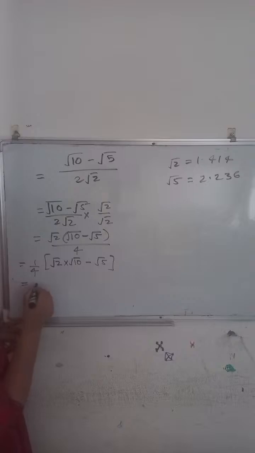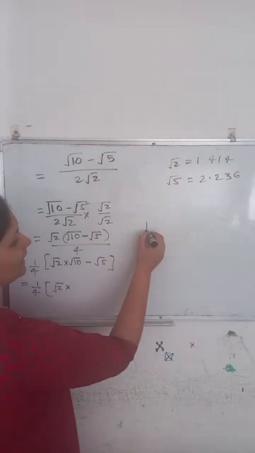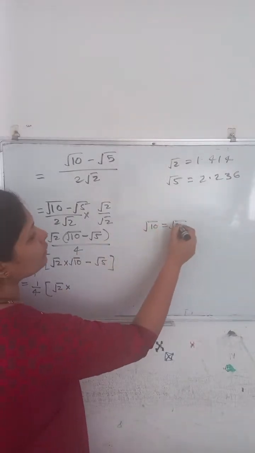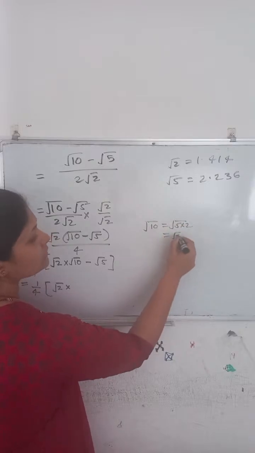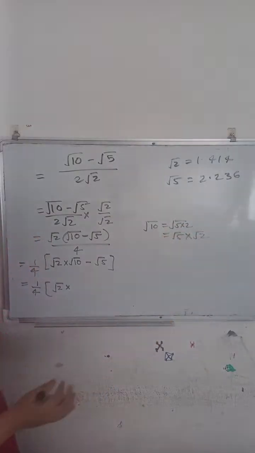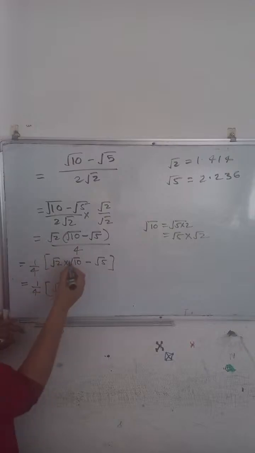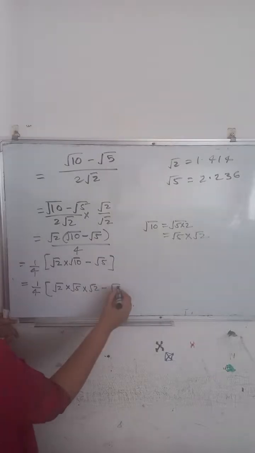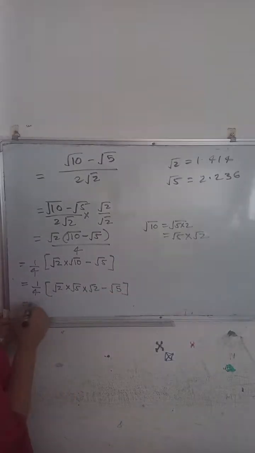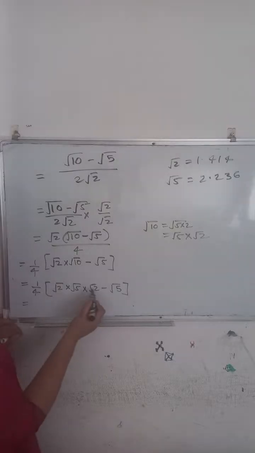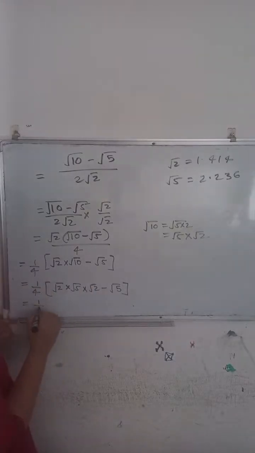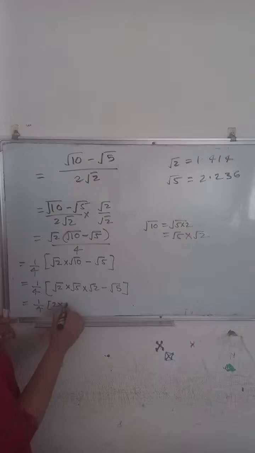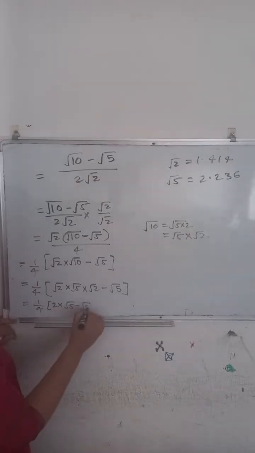So can I write root 10 as root 5 into root 2? Getting this point? So root 10 splits as root 5 into root 2, and root 2 times root 2 becomes 2. So 1 by 4 times 2 root 5 minus root 5.